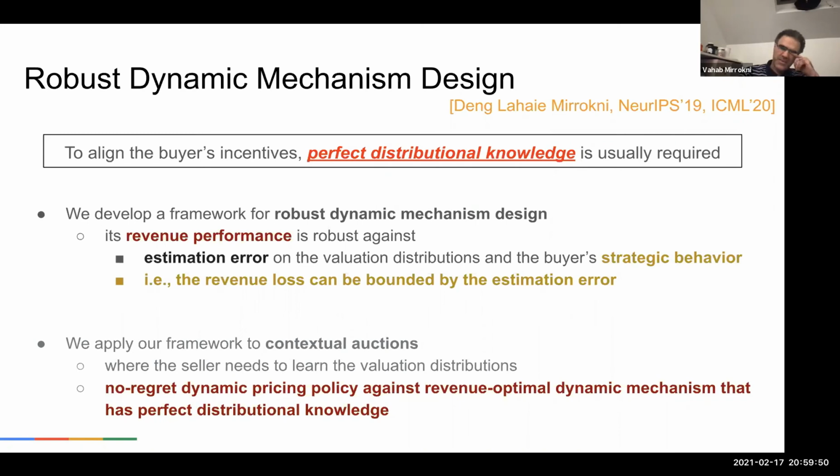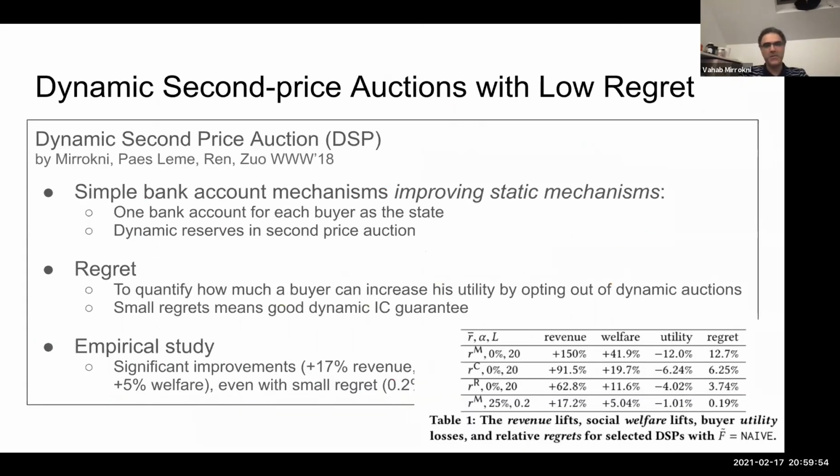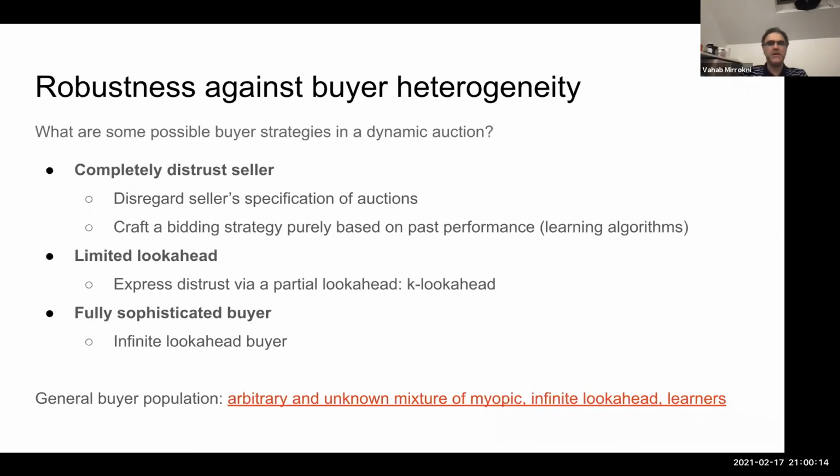So this is one level further for robust dynamic mechanism design. We also reported some empirical results in a paper where we design a simple set of mechanisms that, under some noisy estimates, can do much better than the static mechanisms.